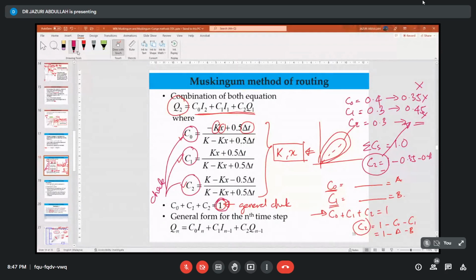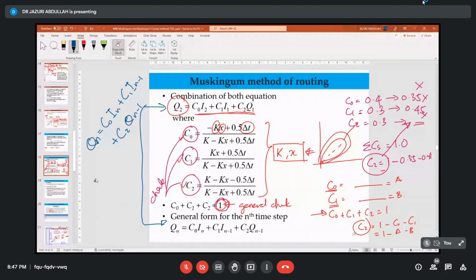Basically this is the general equation. This equation is the same as the previous equation, just more general. The equation is Qn equal to C0 In plus C1 In minus 1 and then plus C2 Qn minus 1.